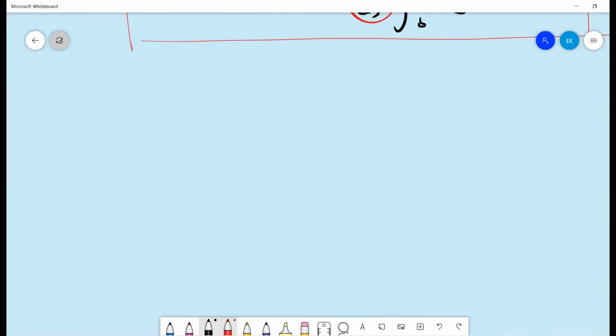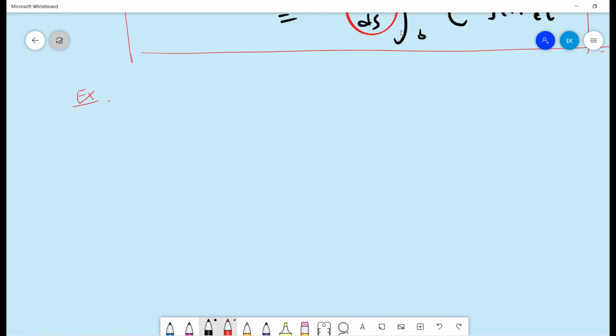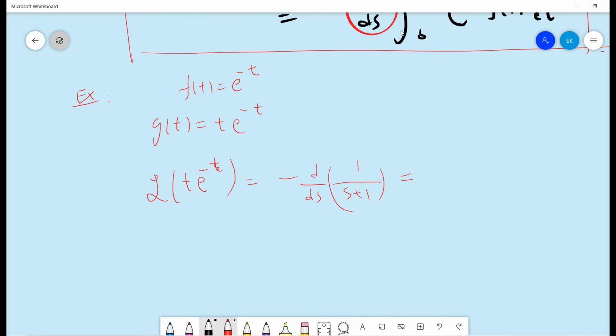Let me provide some examples. Suppose g of t is exponential of this, and f of t is this. The Laplace transformation of this is minus d over ds, so by the formula it gives you this.